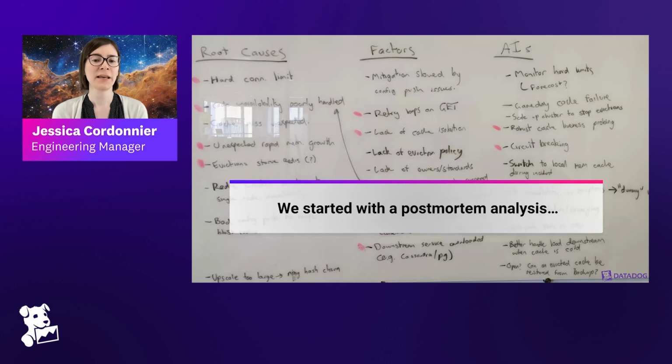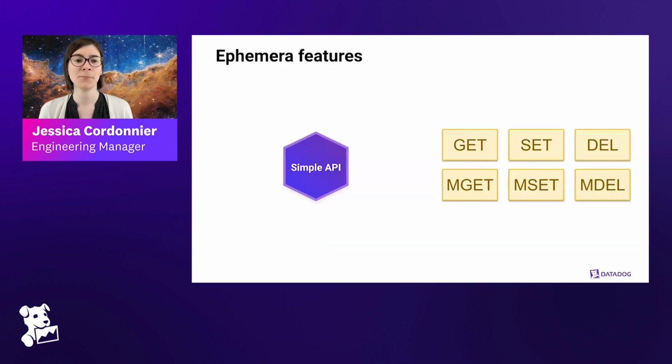So really the first step in the Ephemera feature set was to define a very simple API: get, set, delete, and the equivalent bulk operations, many get, many set, many delete. It turned out that this very limited and simple API is enough to cover the wide majority of caching use cases at Datadog.